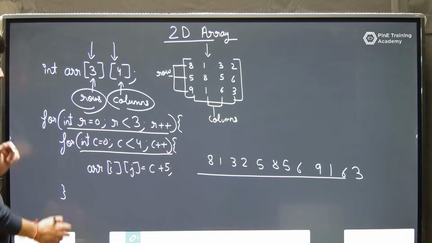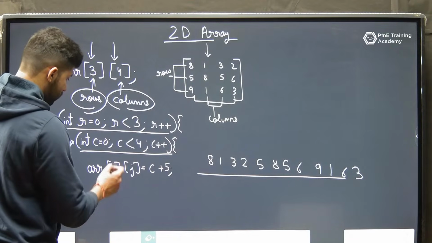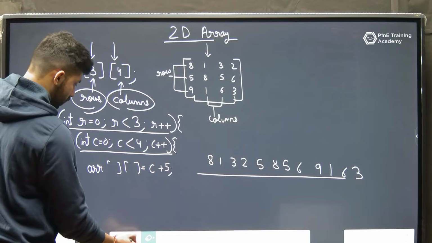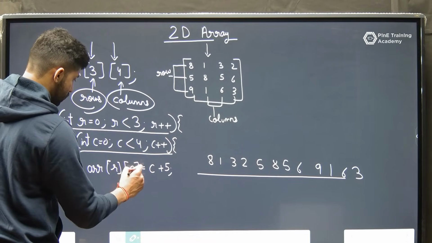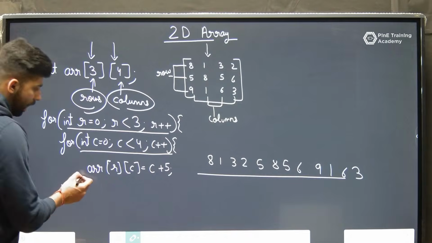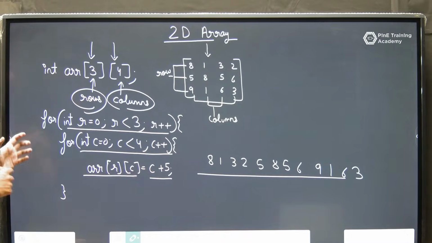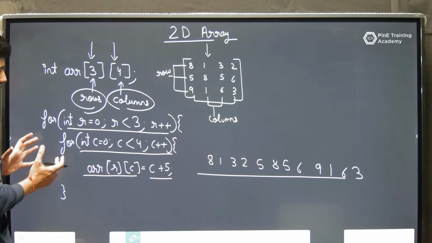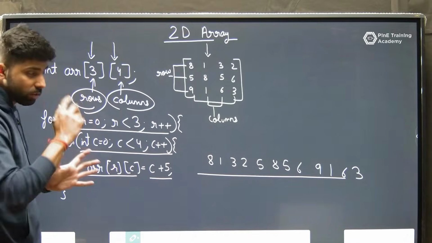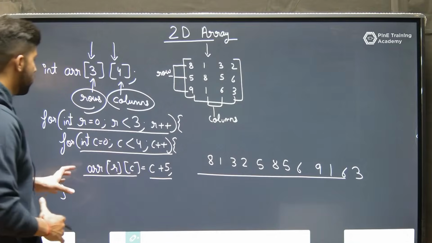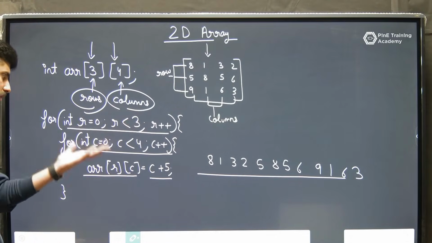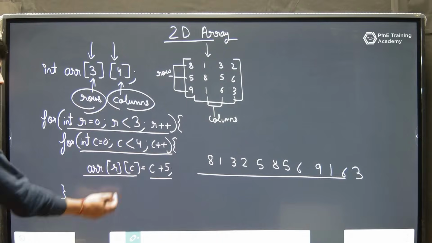And this should be R and C. Okay, and like this we set the value. Like we did in pattern printing problems, it is similar. The first loop is for rows, the second is for columns, and then we access any value.